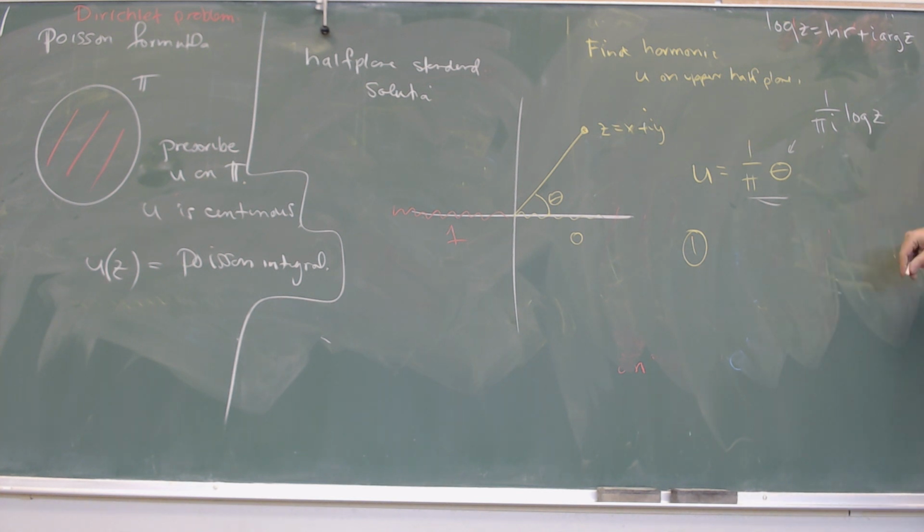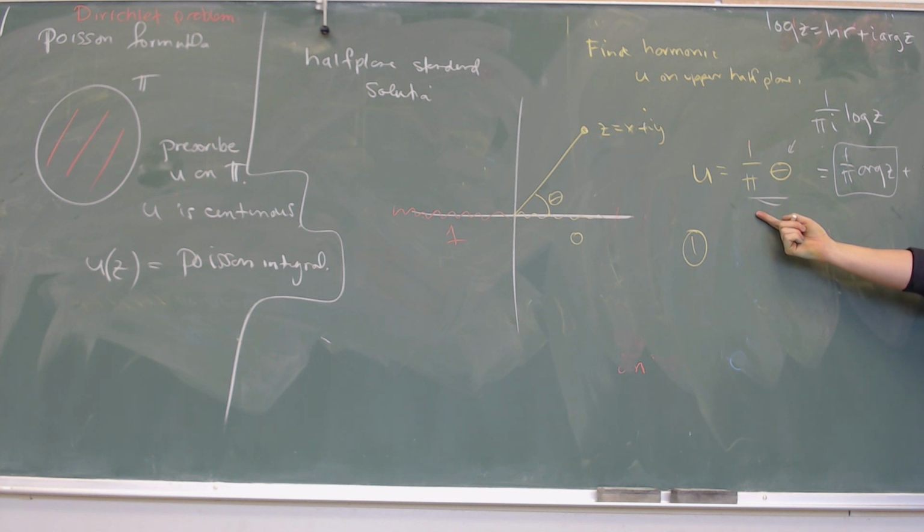So 1 over pi i log z is going to be equal to 1 over pi times the argument of z plus 1 over pi i times the natural log of the radius. So that guy right there, that's the real part of an analytic function. So u is the real part of an analytic function, and so it's harmonic.